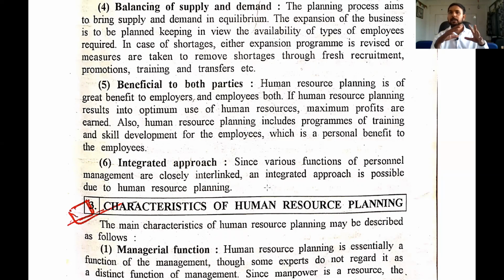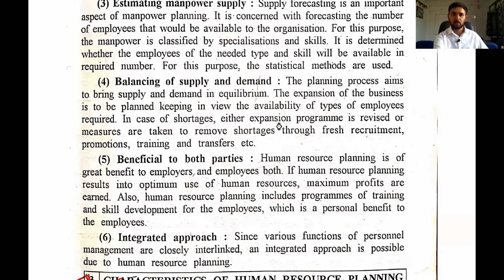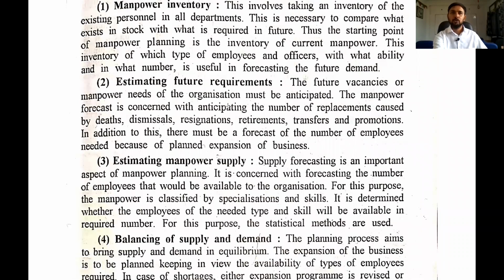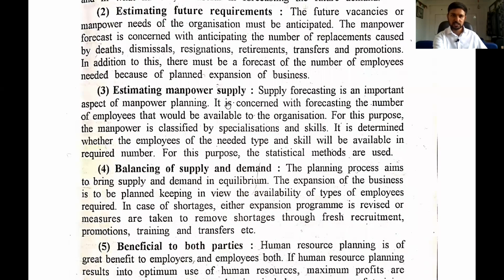And guys, it is also very important to consider this aspect at each and every level of management. So this is the integrated approach, it is required at each and every level of management. So guys, these are the 6 points which are considered in human resource planning. If you are doing human resource planning, you need to focus on these 6 points.